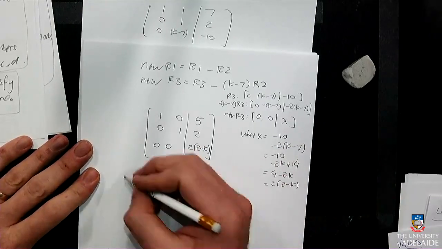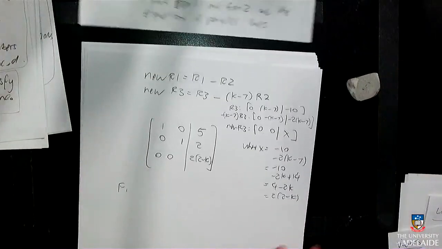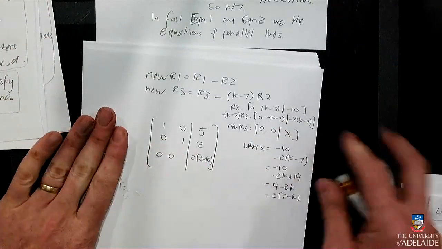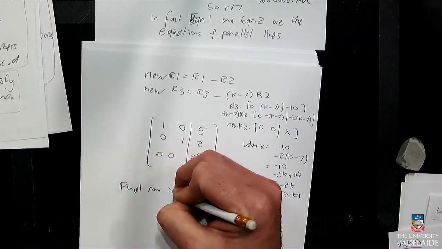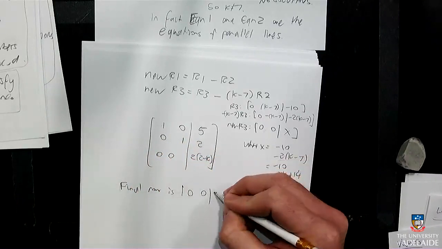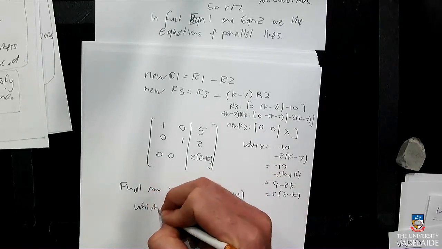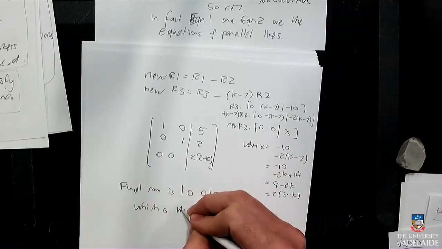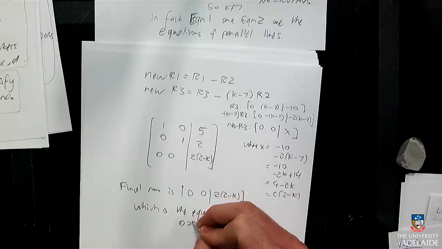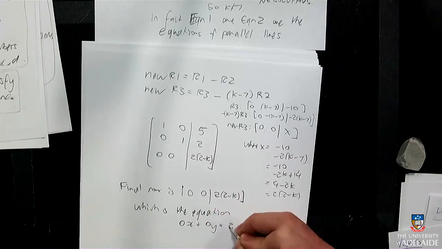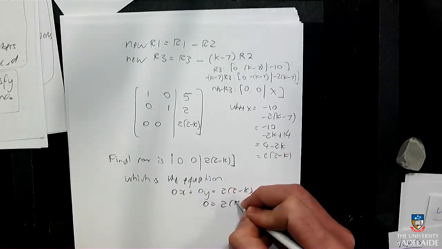So the final row is 0, 0, 2 minus k, which is the equation 0x plus 0y is 2 minus k, that is, 0 is 2 minus k.